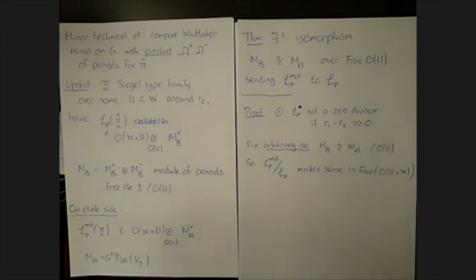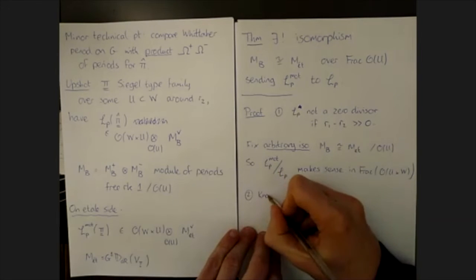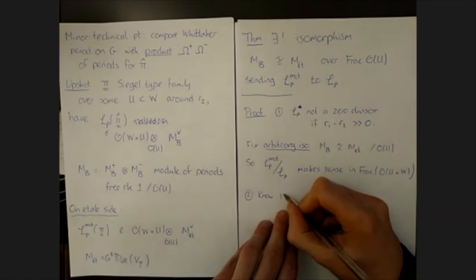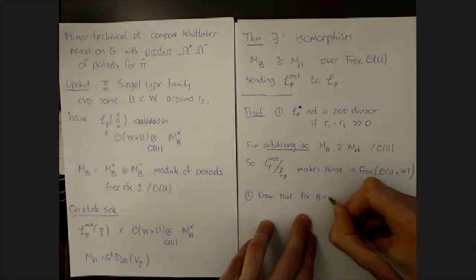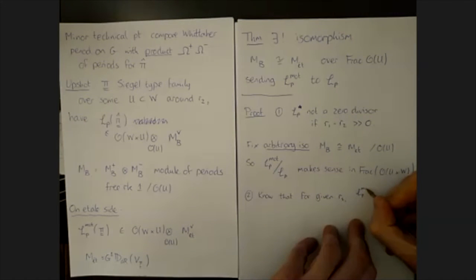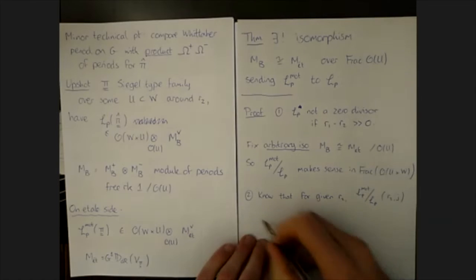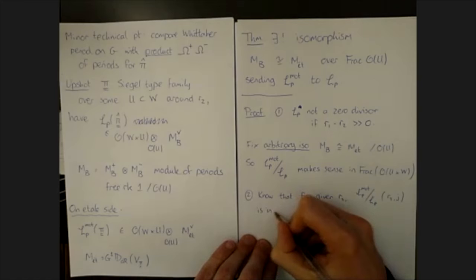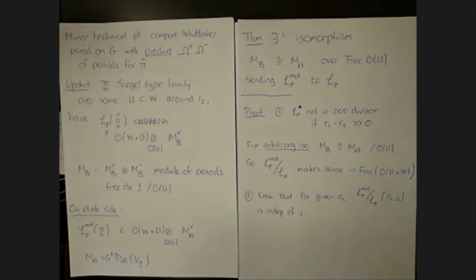On the other hand, you know if you evaluate this at R2 and J, and this guy's independent of J.